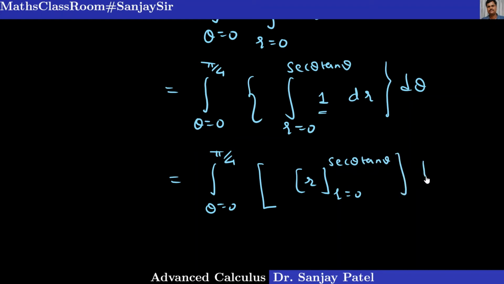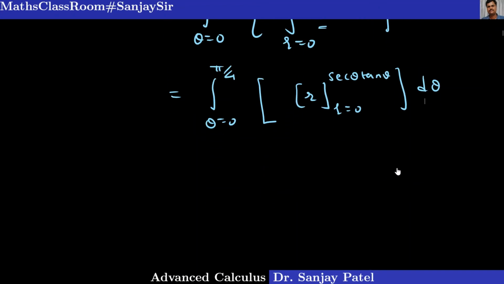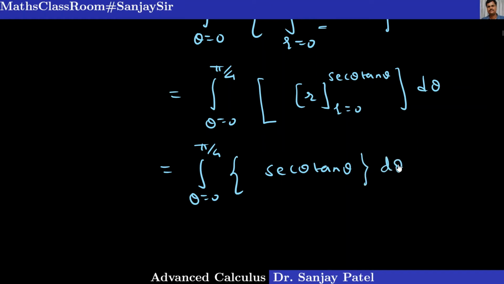And then this is to be integrated with respect to theta finally. So if you put the values of the limits of integration, what you will get is simply sec theta into tan theta minus 0. So only this much. This is with respect to theta.